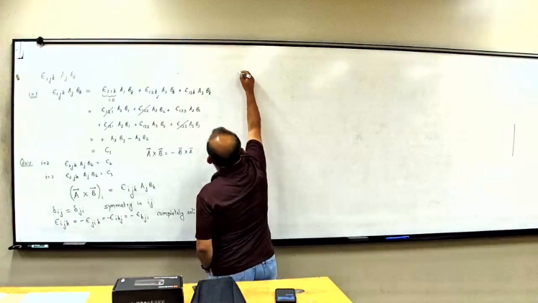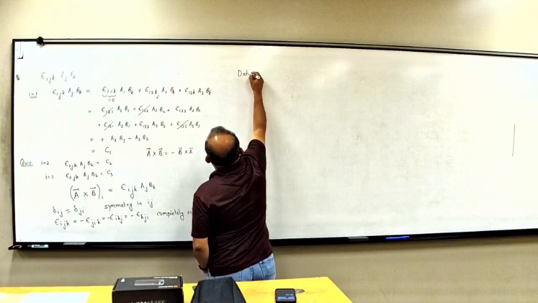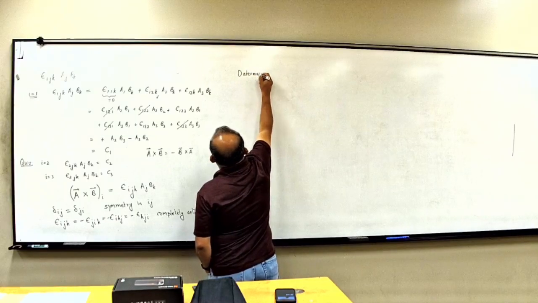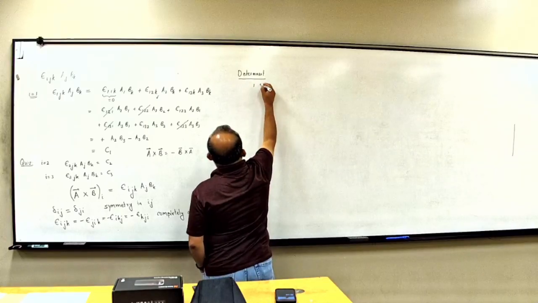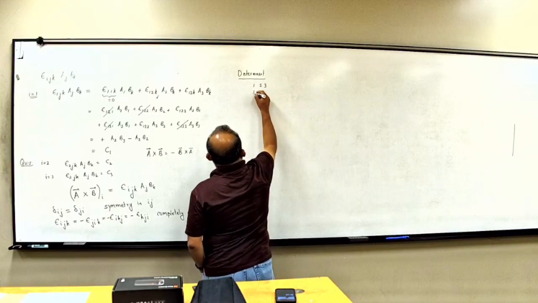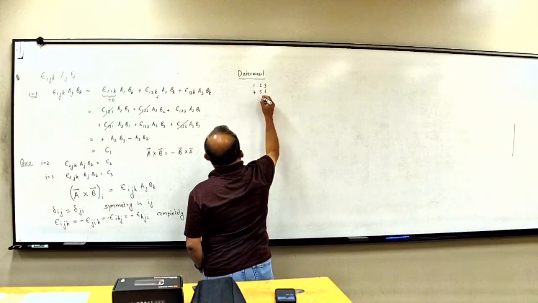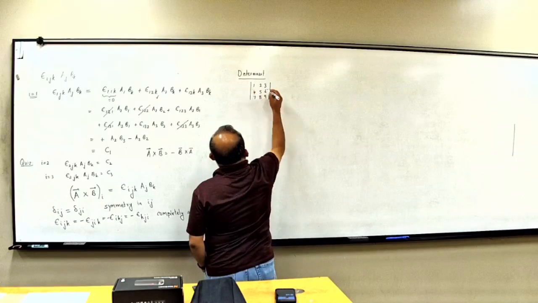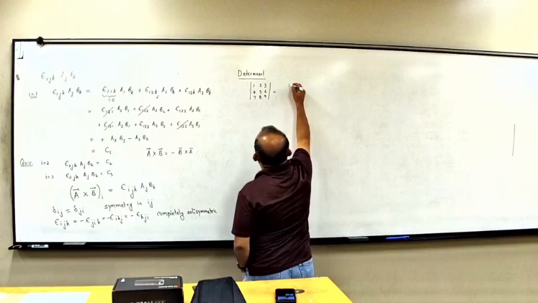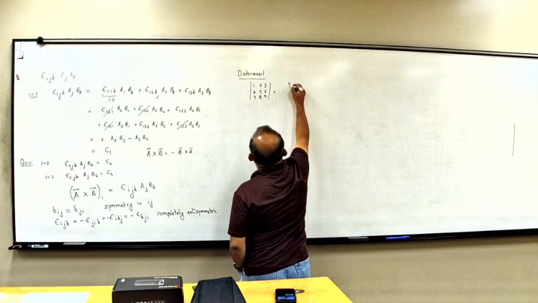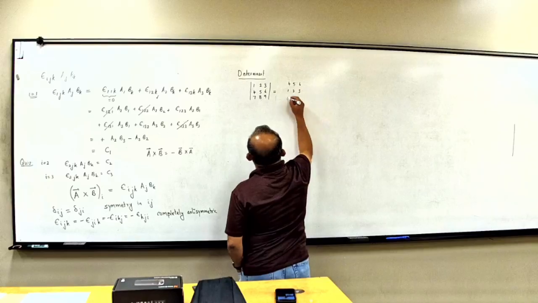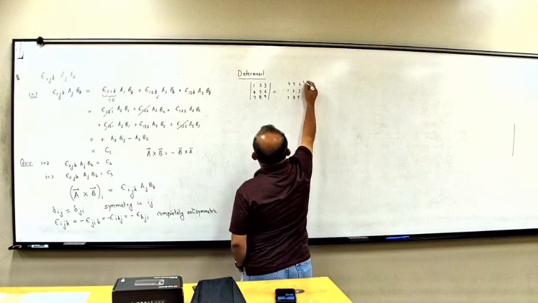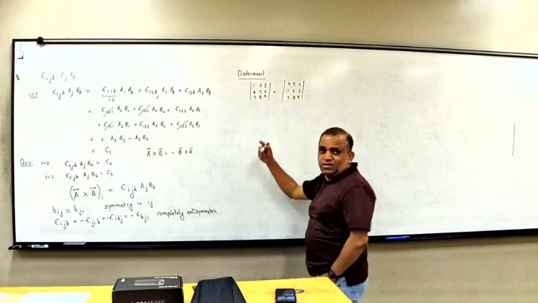And yes, if you think of the determinant of a matrix, so if you have 1, 2, 3, let's say 4, 5, 6, and 7, 8, 9, and if I were to write this as 4, 5, 6, 1, 2, 3, 7, 8, 9, is this the same?